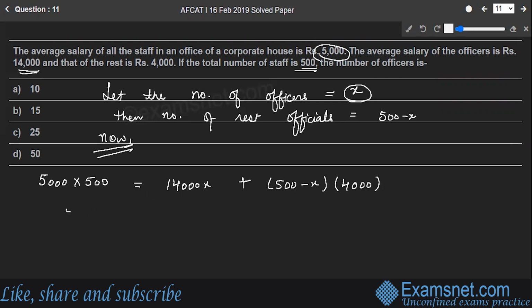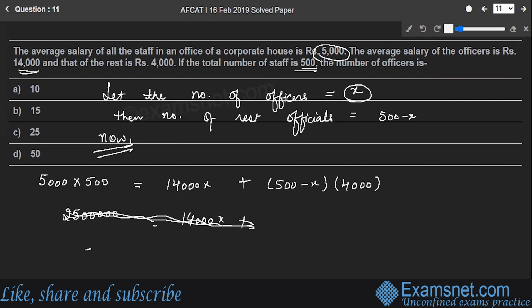This is a big number, so let's divide it. It will take a lot of time. So I'll divide both sides by, I'll cut the zeros. There are so many zeros involved.